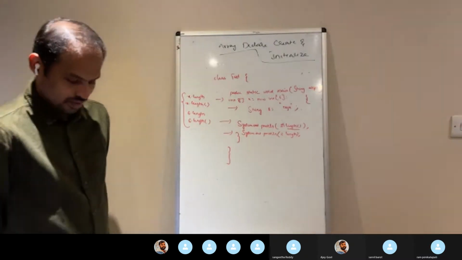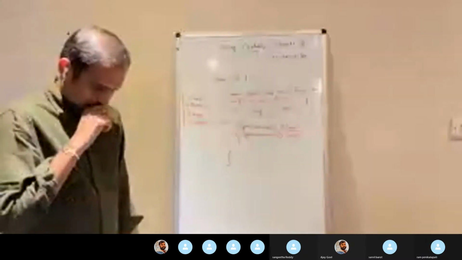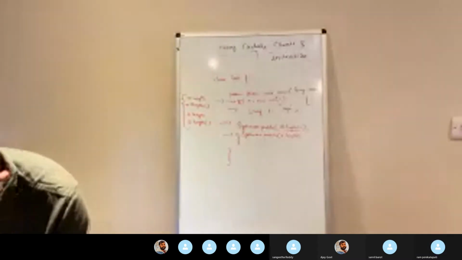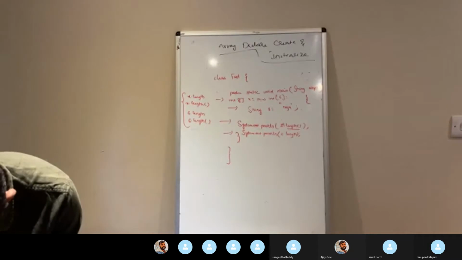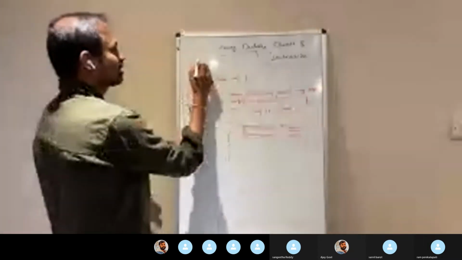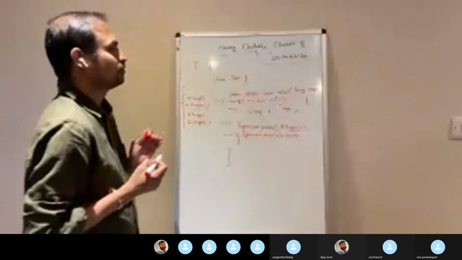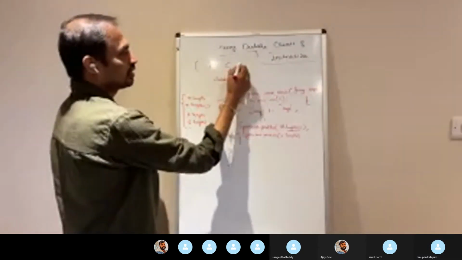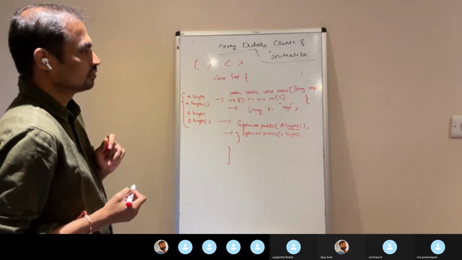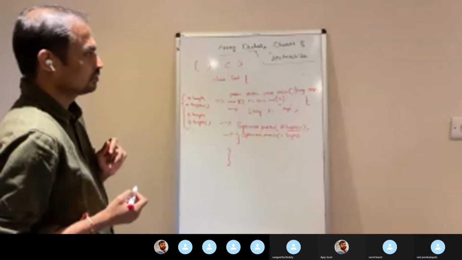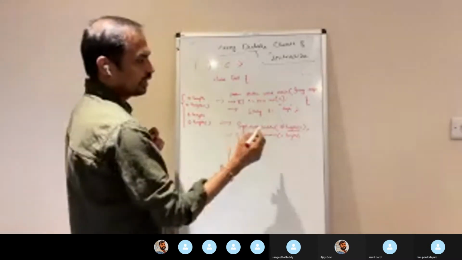We should use these brackets, not this. But we have to write System dot out dot println.